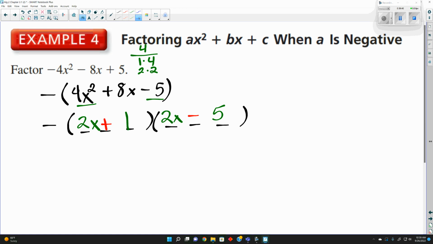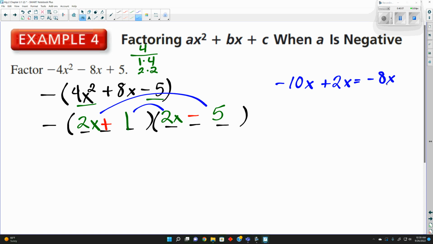Now last but not least, we can check it. 2x times negative 5 and 1 times 2x. Well, 2x times negative 5 is negative 10x. 1 times 2x is going to be 2x. Negative 10 plus 2 is negative 8x.